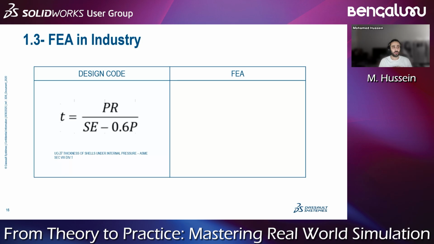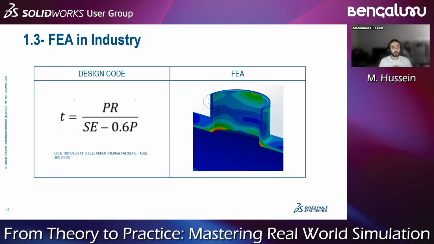That's it. But what about what is happening inside this pressure vessel? Is it really unsafe to be used? Can we have any other criteria? Can we check what the stress distribution is in this vessel? Can we check under some local stresses, for example, like this picture? Here is what the design code in this case cannot do for you. That's why we are using FE.